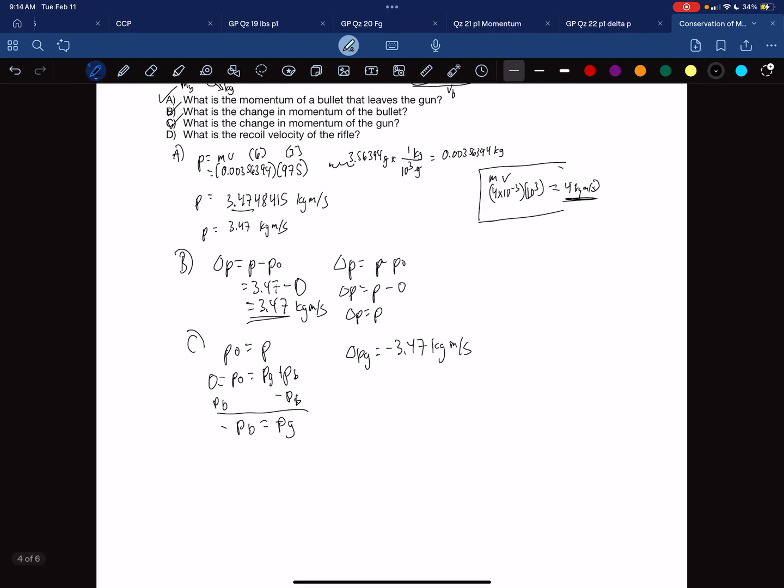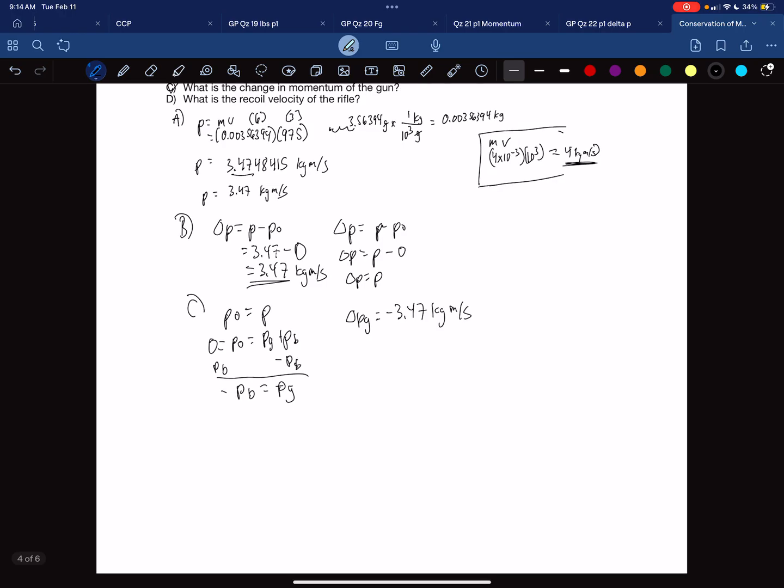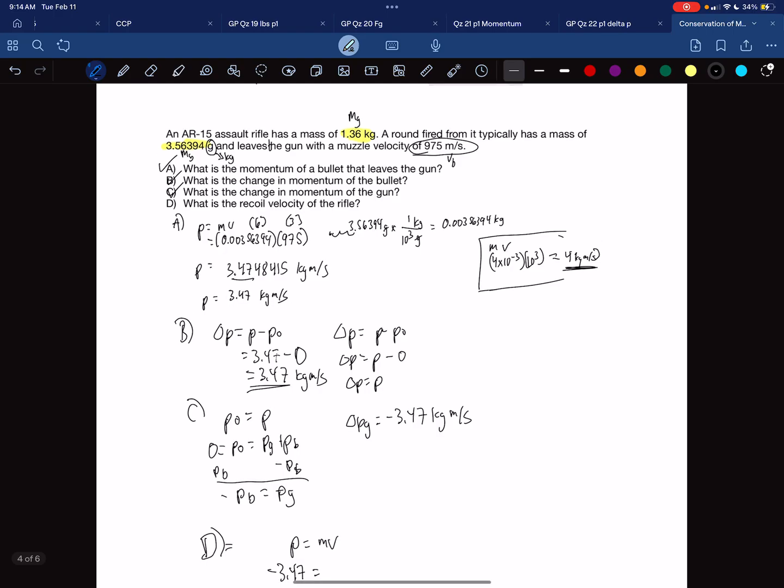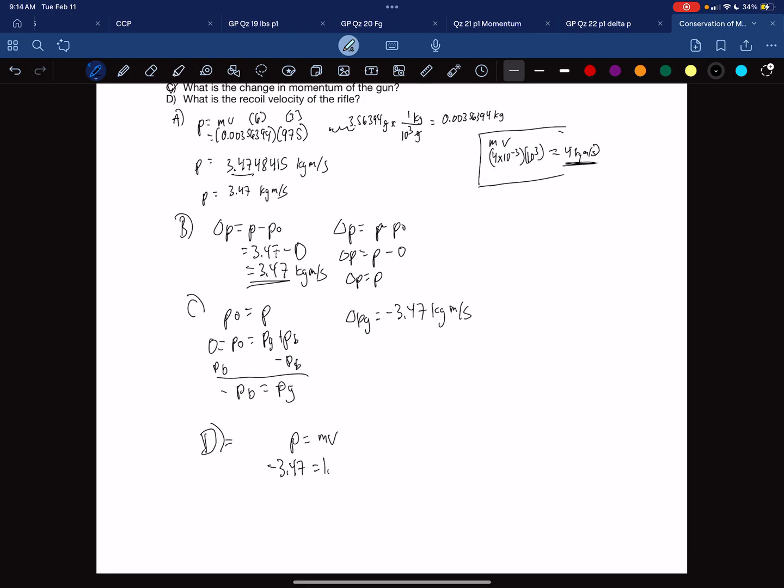Lastly, we have part D. What is the recoil velocity? The momentum equals mv, and that final momentum was minus 3.47. The mass of the gun, we are told, is 1.36. So V equals negative 3.47 over 1.36.